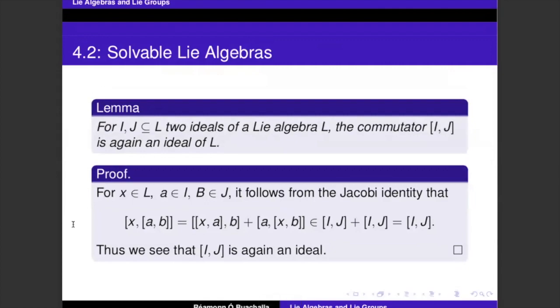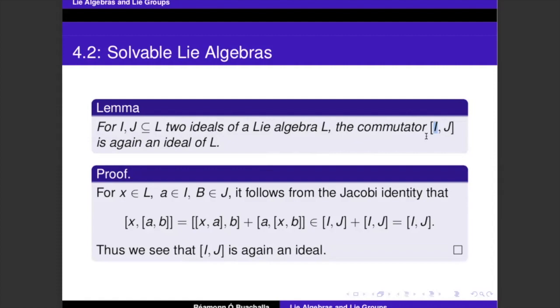Now we're going to move on to solvable Lie algebras, this generalization of nilpotency. For I and J, two ideals of a Lie algebra L, their commutator is again an ideal. We proved a special case of this last week when we assumed that I was equal to L, the Lie algebra itself.